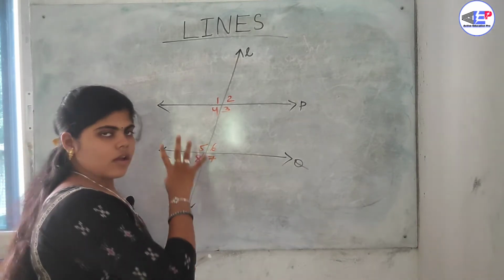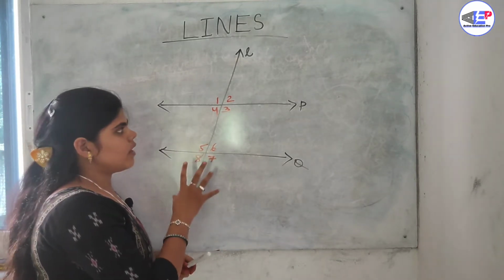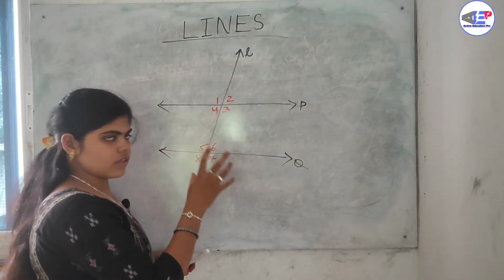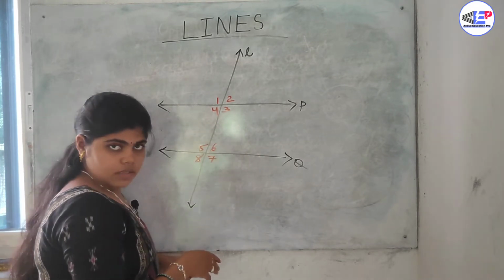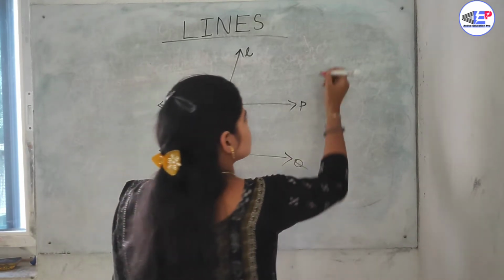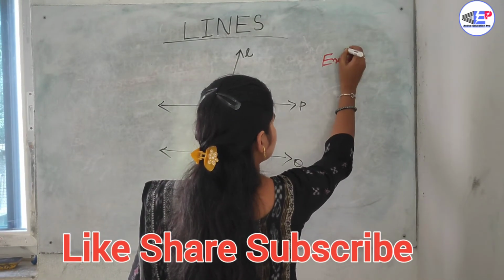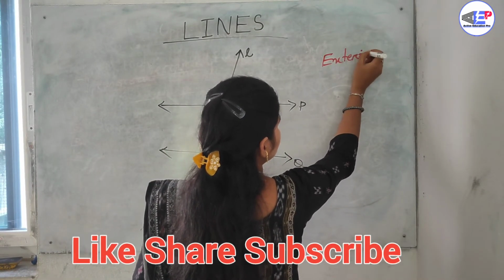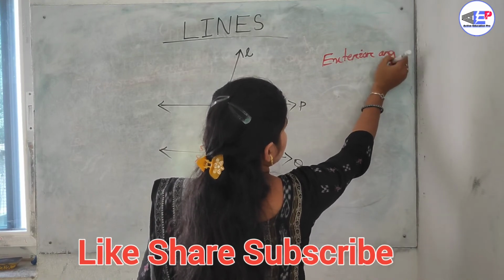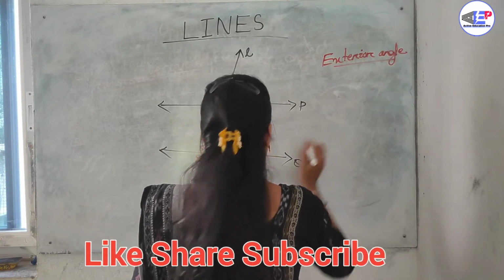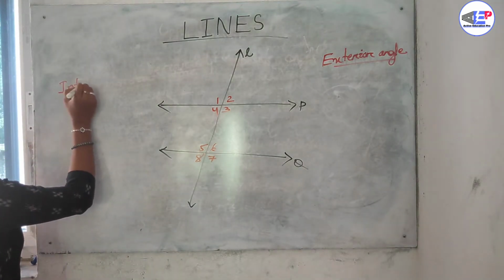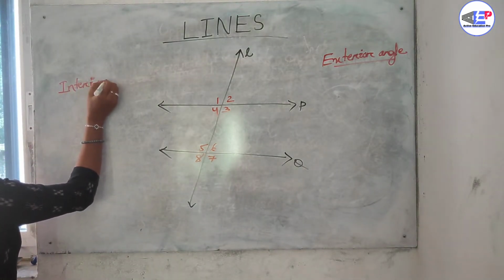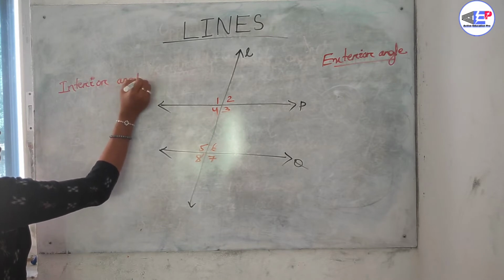And from this figure we have to differentiate the exterior angles and the interior angles. First variety is exterior angle, and here is interior angle.